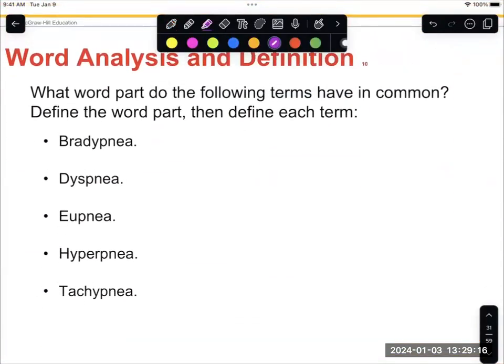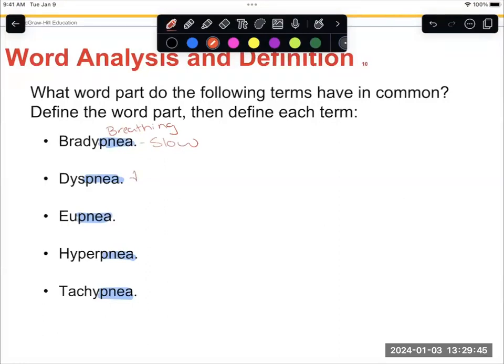Here, every one of these words has this pnea. So we have bradypnea. Brady means slow. Pnea means breathing. So bradypnea, slow breathing.